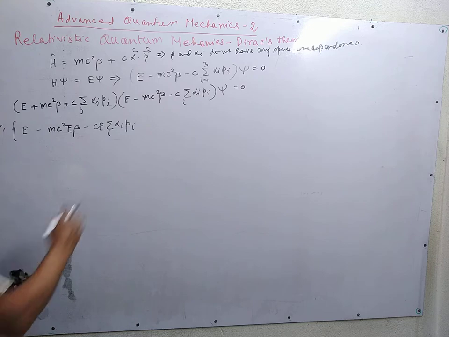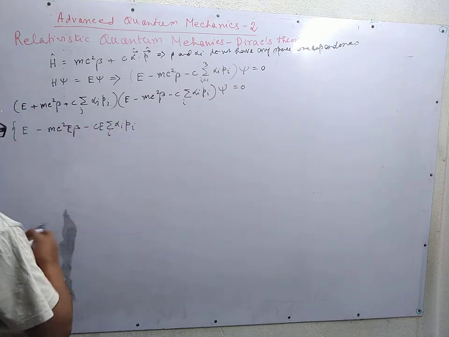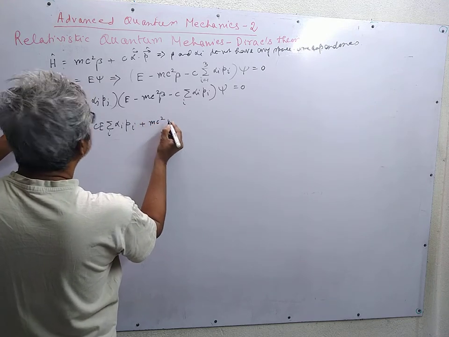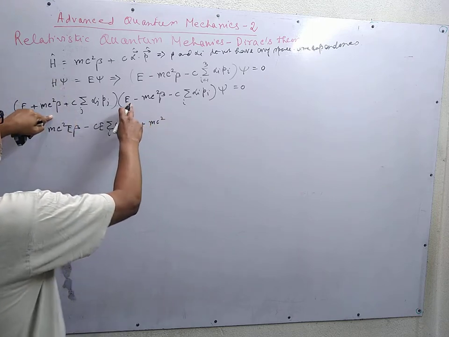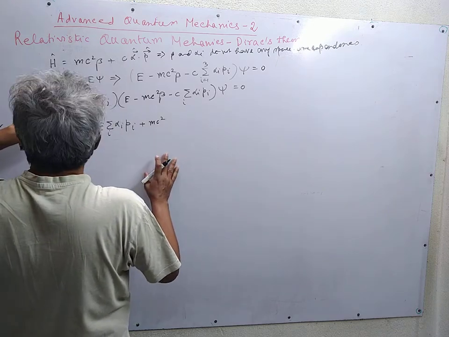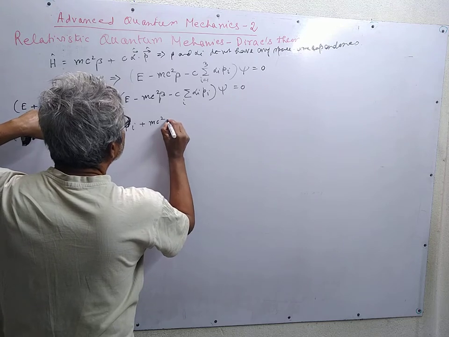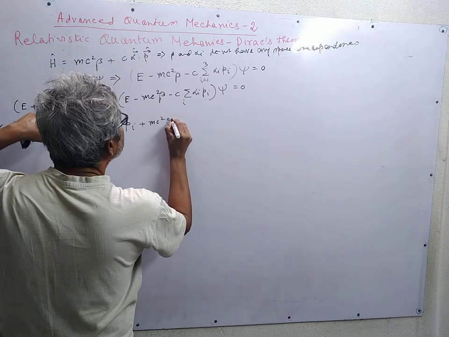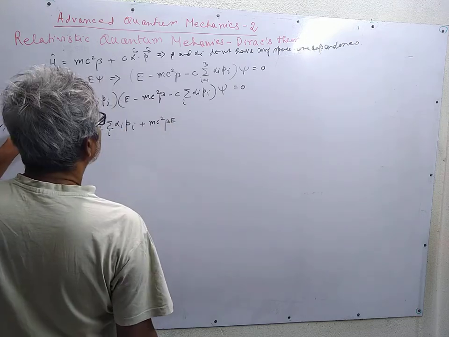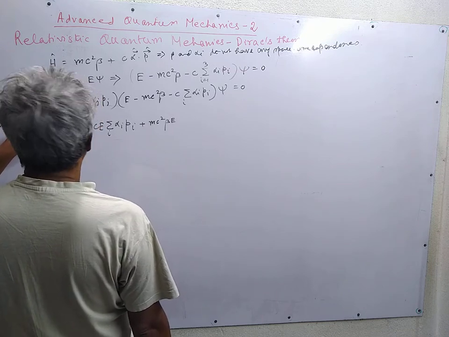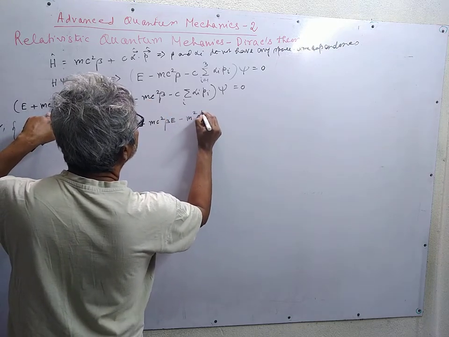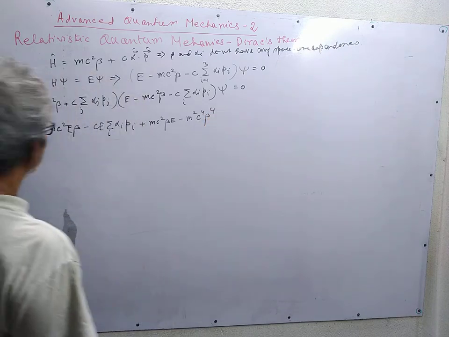Then we multiply each term of the second trinomial by the first one. We have plus mc square beta times E. As we have argued that beta and alpha commute with every dynamical variable, we can still write it as beta E. Then we have this term minus m square c to the power 4 beta to the power 4.